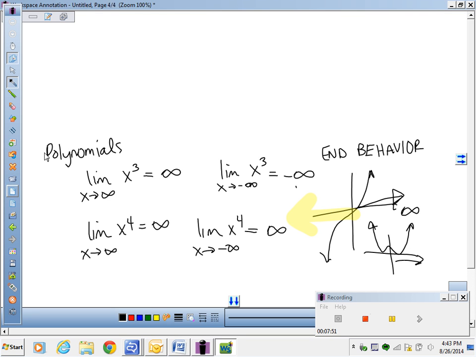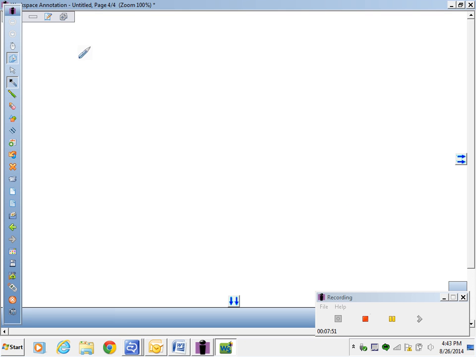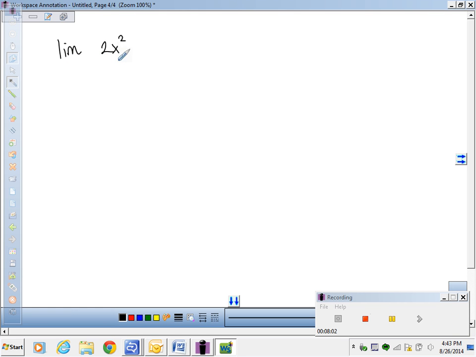And then sometimes we'll have this special case where, if I have something like this, the limit of 2x squared minus 4x over x plus 1, I can still find the limit. I say that it does not exist, right? But I can be more specific about the end behavior.